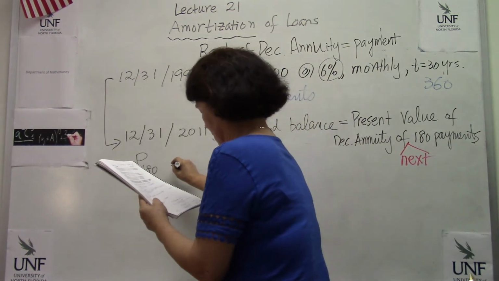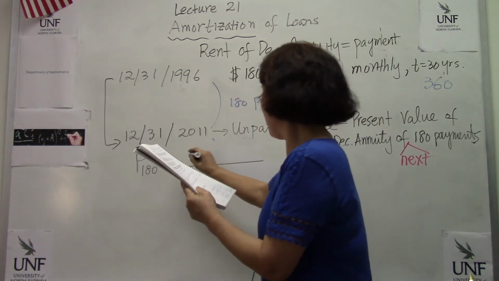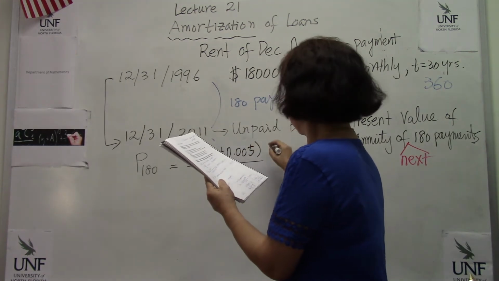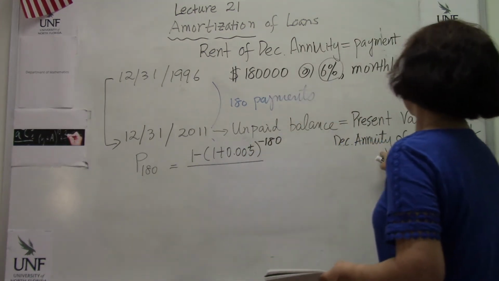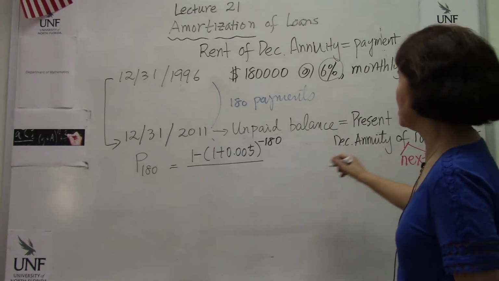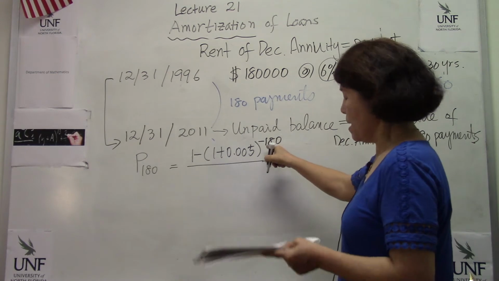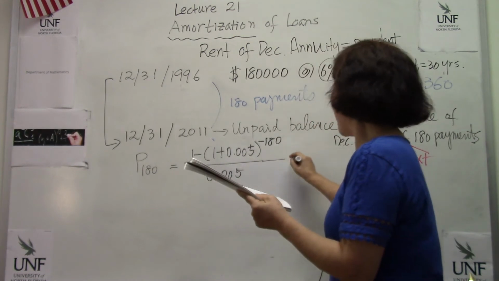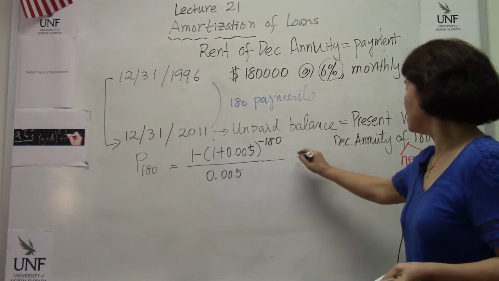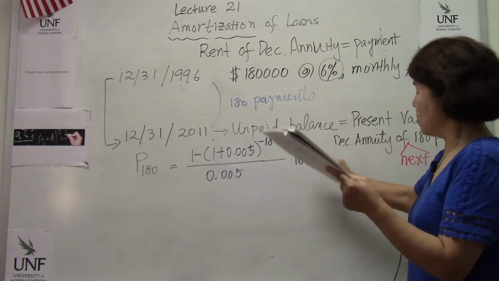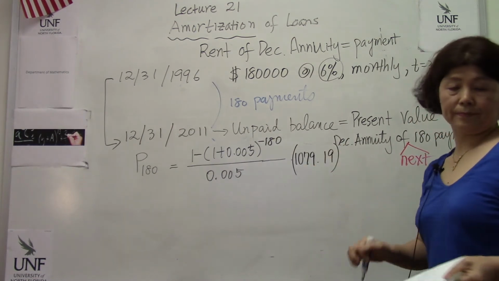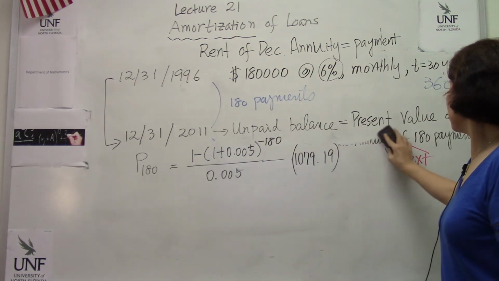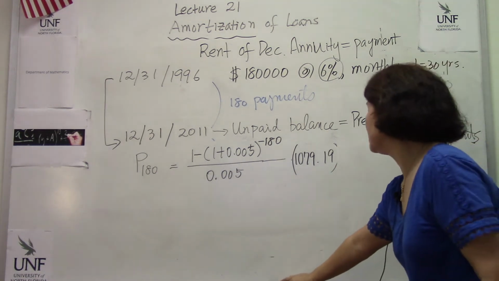That is the formula. 1 minus (1 + 0.005) to the negative 180, because this is the next 180 payments, over 0.005 times what is your rent. Rent is $1,079.19. Okay, just simply use this present value formula, P, and we know the rent.